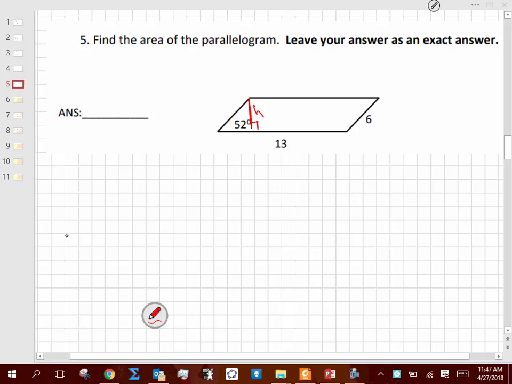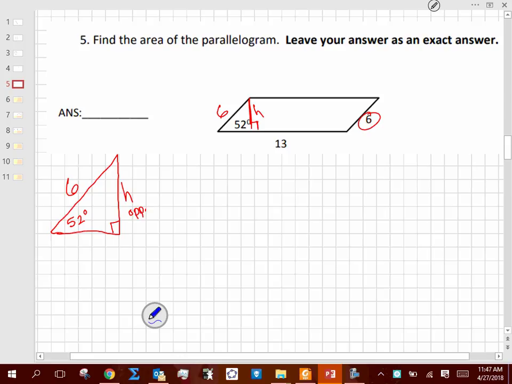Well, if I look at that triangle, I'm just going to draw it here so it's a little bit bigger. If that's 52 degrees, and you know this side length here is what? 6, because that's a 6, right? You got to transfer that over here. Opposite sides of a parallelogram are congruent. Okay. What side is H and corresponds to 52?